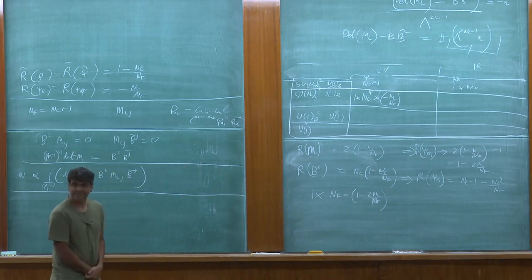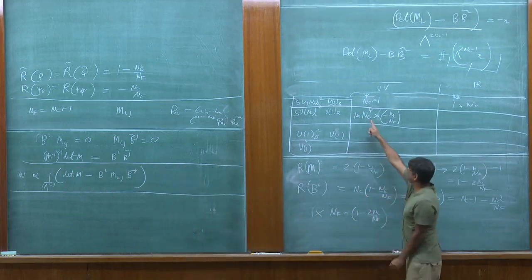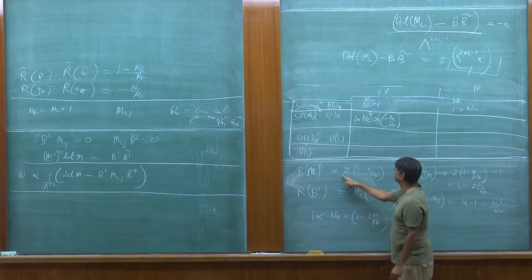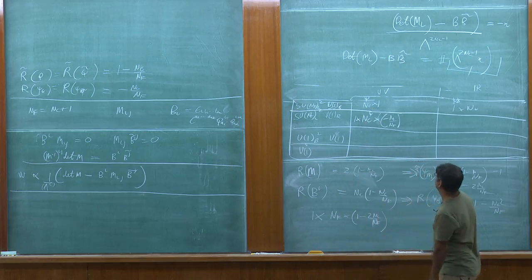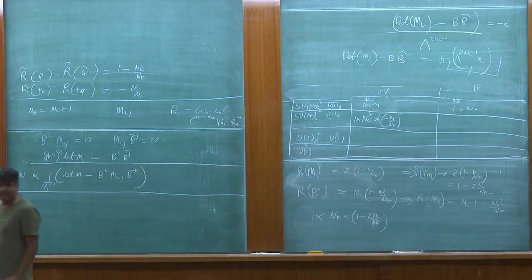Clear? But in the first one, that was also SU NF left squared, right? Which one? The first one of the table. That is also SU NF left squared, right? No, that came from a psi, which is fundamental under SUNF and fundamental under SUNC. You just said M has this charge like 1 times NF under the SU NF left, right?